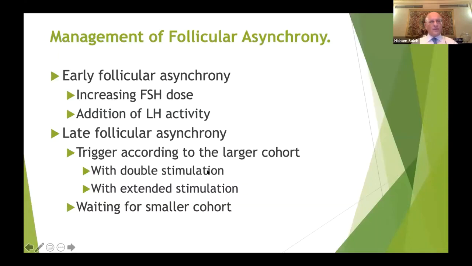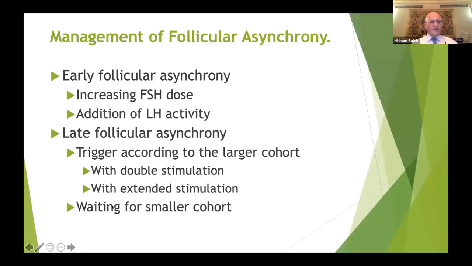You retrieve the larger follicles and you stimulate again in the luteal phase and have the smaller follicles in the second wave of stimulation. Or you can do an extended stimulation. You trigger, retrieve the oocytes, continue stimulation, the smaller cohort will continue to grow, and then you can make another retrieval. Of course, this is complicated by an increase in the price due to double retrieval and double ICSI.